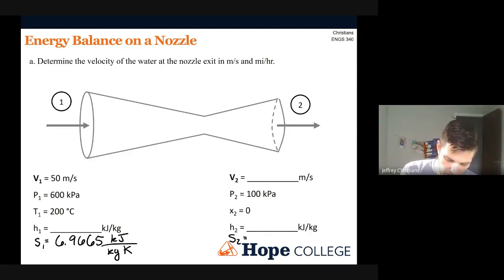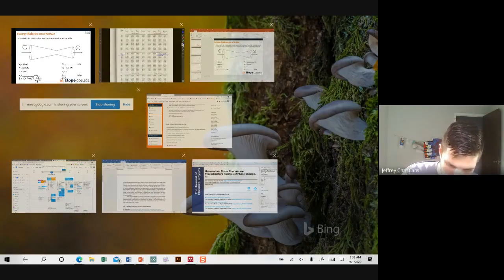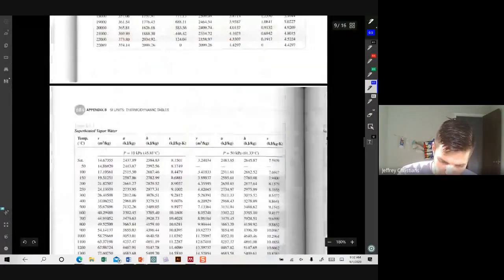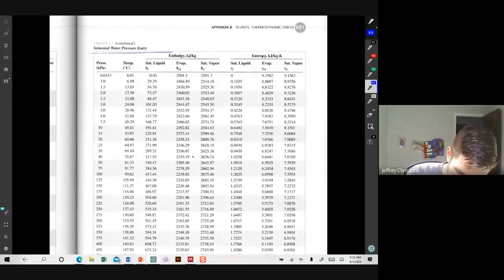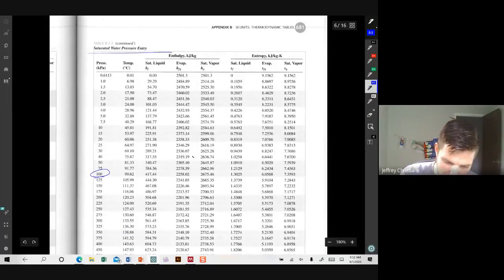And if we wanted to find the entropy of the outlet, so that's 100 kPa and 0 quality, we could go up to our tables. We would find here 100 kilopascal. 0 quality means that we're looking at the saturated liquid columns.